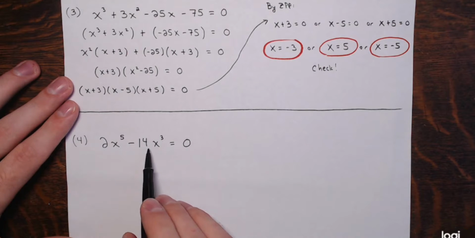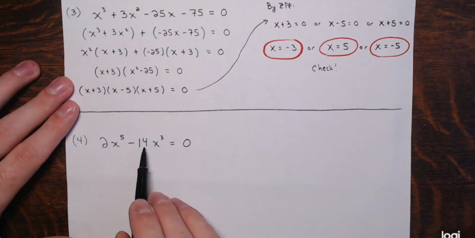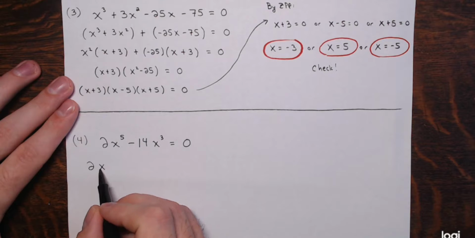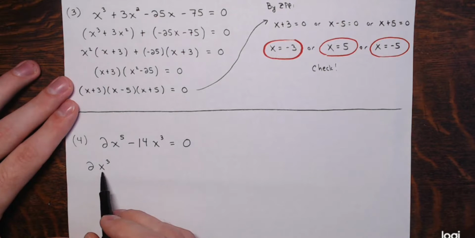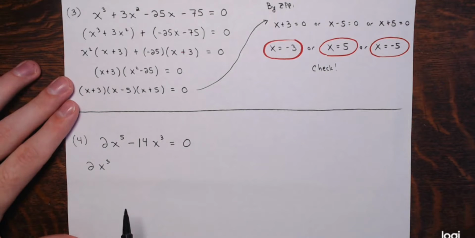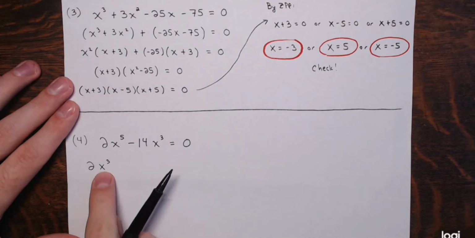Now, I forgot to do this in number 2, and I apologize, but here remember the first thing you should look out for when factoring is the greatest common factor of all the terms. These have a GCF of 2x cubed. So I factor out 2 and x cubed. Now again, you can break up x cubed to x times x times x if you want, but as I had earlier in question 1, if you see the same factor multiple times, just keep it as a power.